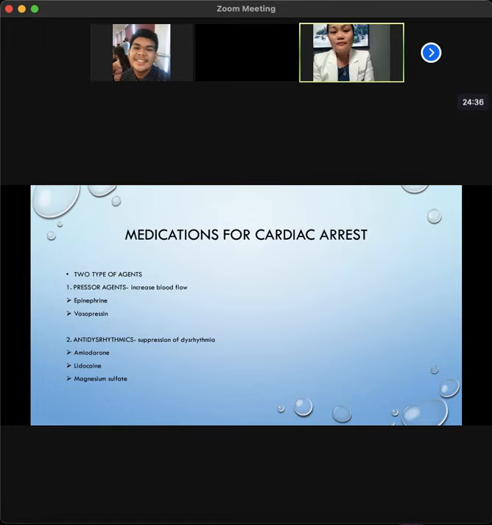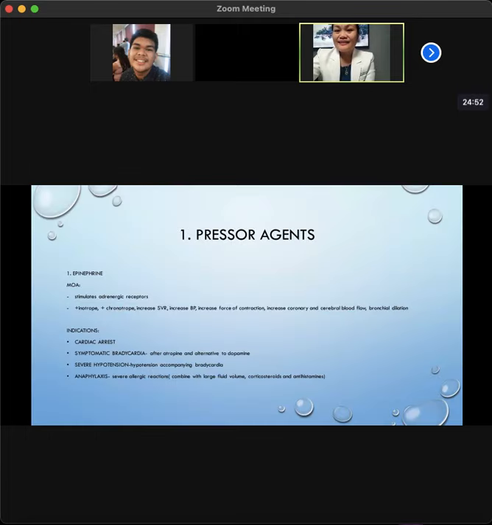Antidysrhythmic drugs can suppress the dysrhythmia. Examples are amiodarone, lidocaine, and magnesium sulfate. Okay, examples of your pressor agents are epinephrine.